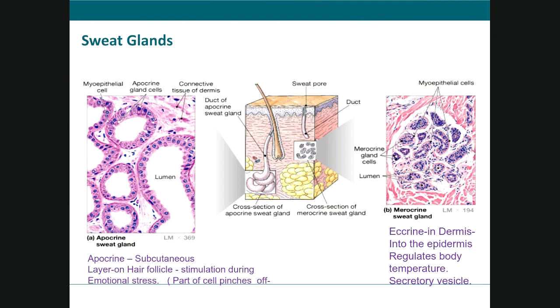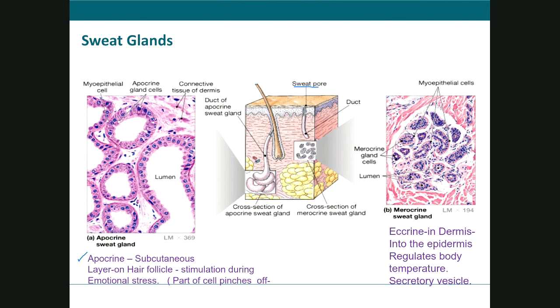So the apocrine sweat glands are actually around the hair follicles, and they're apocrine secretion. So part of the cell becomes the secretion, and this is what gives us body odor. Where the eccrine sweat glands, as you can see here, it's just a sweat pore.